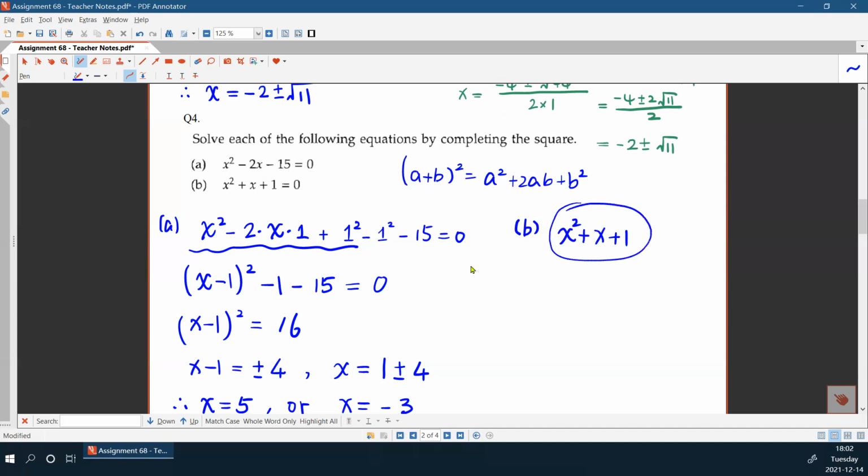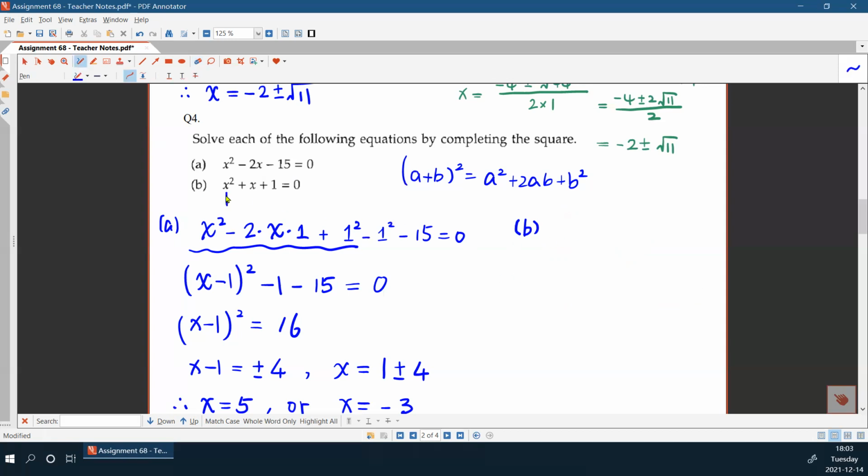Is this a perfect square? No, because if you think of it as (x plus 1) squared, you will get x squared plus 2x plus 1, not x here, right? So any other thoughts?